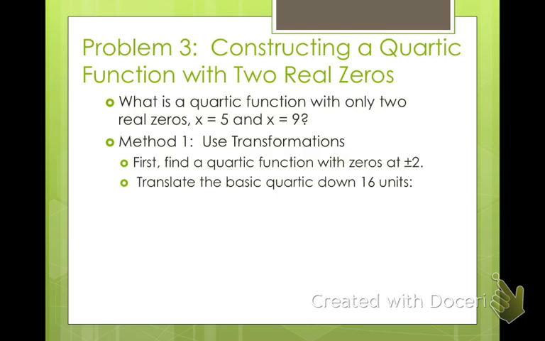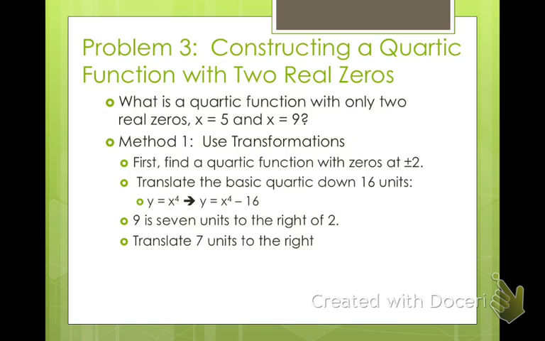And then we translate down 16 units to find that difference. So we have x to the 4th minus 16. That'll give us solutions at positive and -2 because the 4th root of 16 is 2. And then 9 is 7 units to the right of 2.